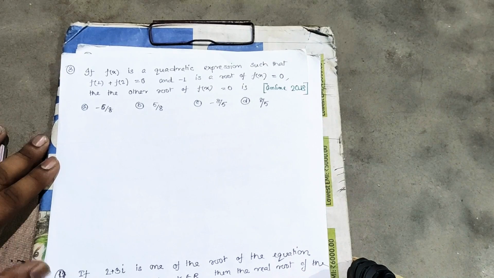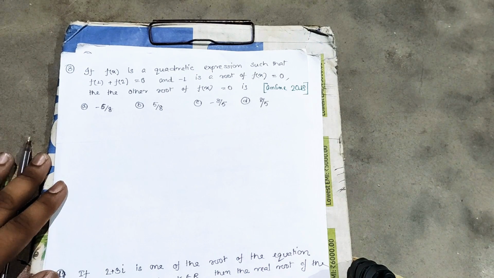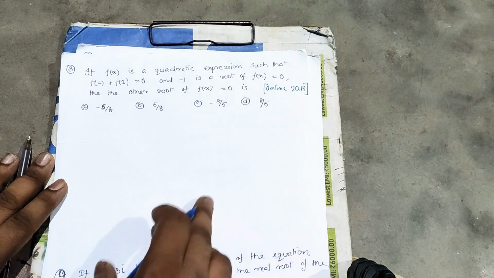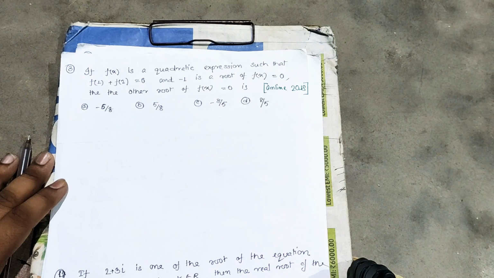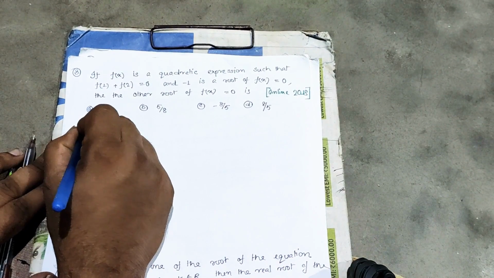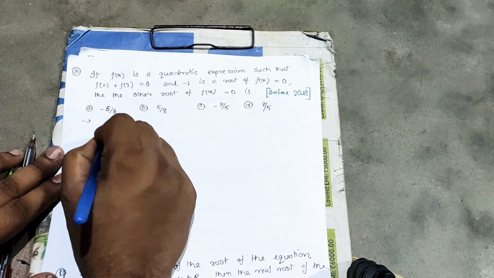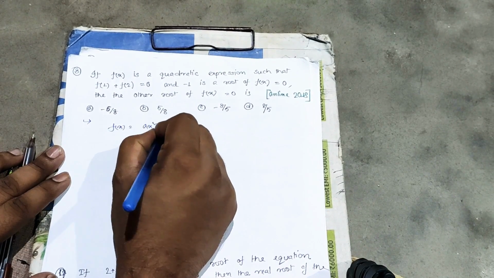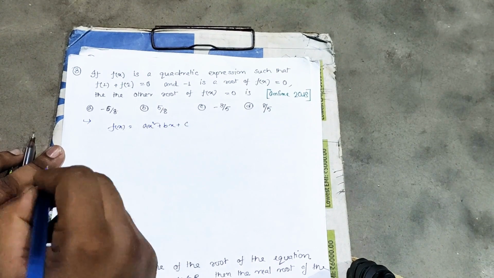In the third question, if f(x) is a quadratic expression such that f of 1 plus f of 2 equals to 0 and minus 1 is a root of f(x) equals to 0, then the other root of f(x) equals to 0 is these 4 options, and it was asked in online 2018. So to solve this question, I assume f of x equals to ax square plus bx plus c.